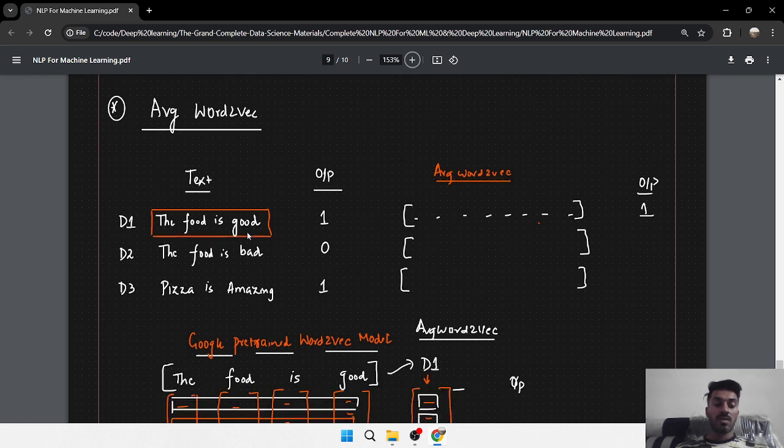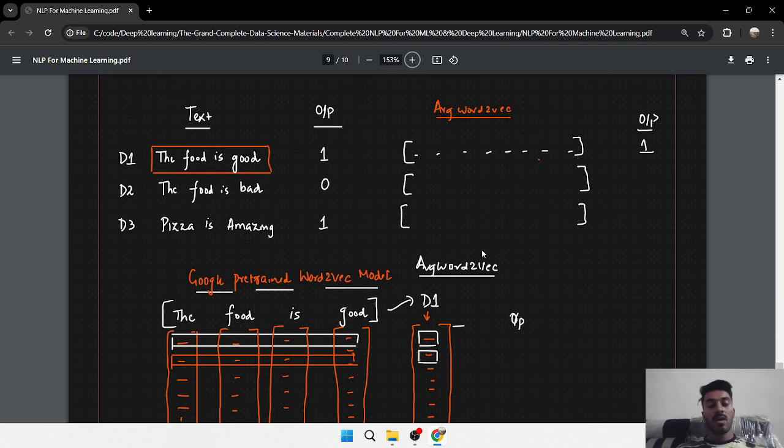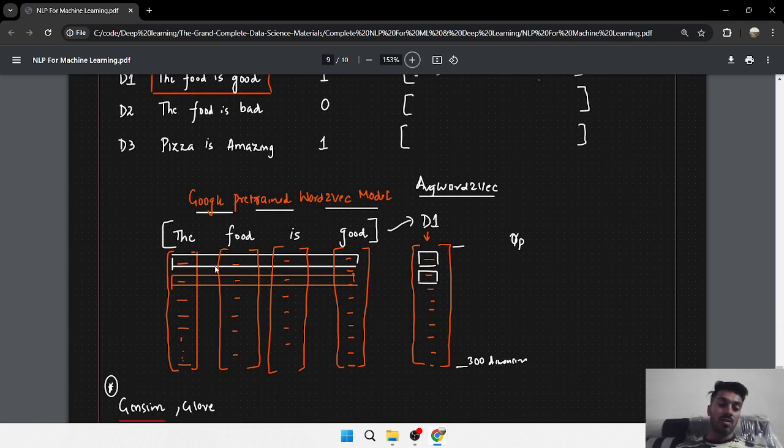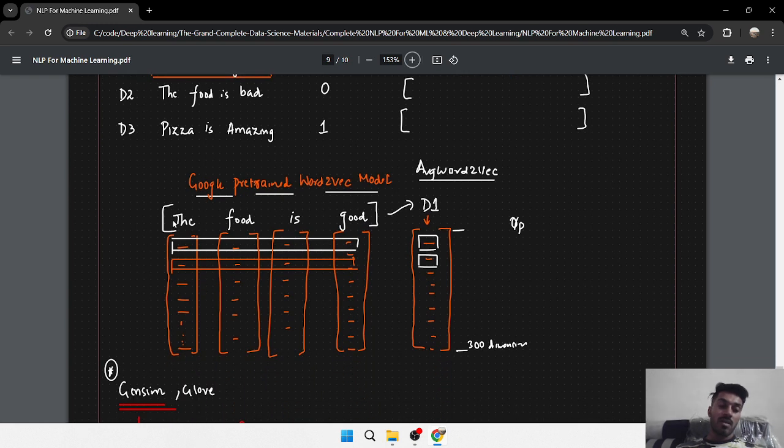Average Word2Vec is the same as Word2Vec, but here we first create a vector, the word embedding, and then take a summation column-wise.